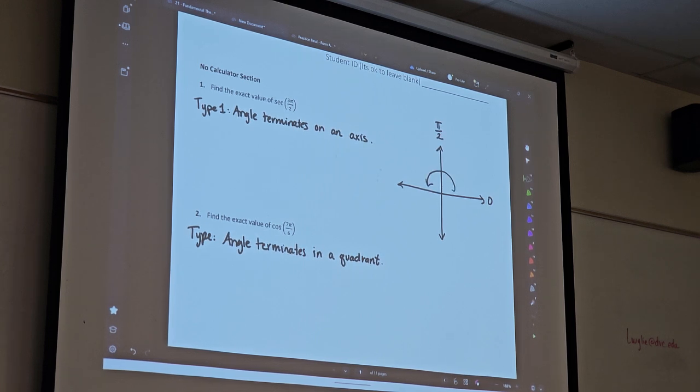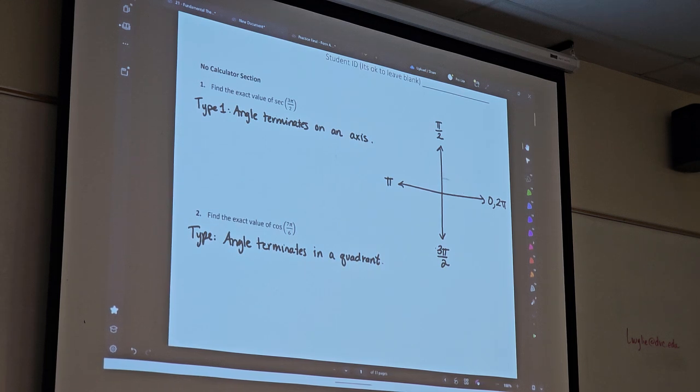Over here, 180 degrees, pi radians terminates on the negative x-axis. And then here, 270 degrees, or 3 pi divided by 2 radians. And then 2 pi, 360 degrees, is coterminal with 0.